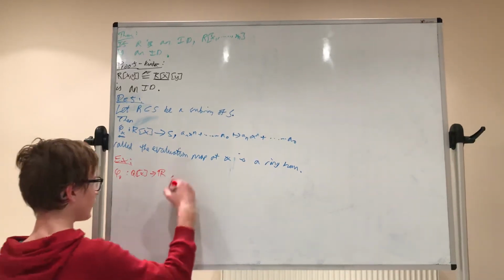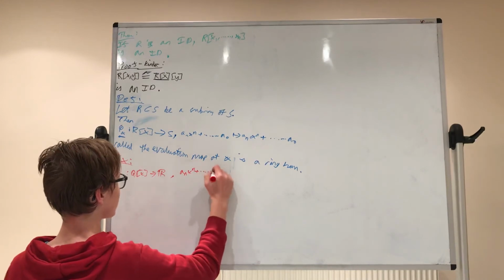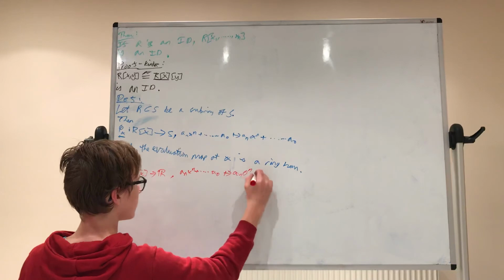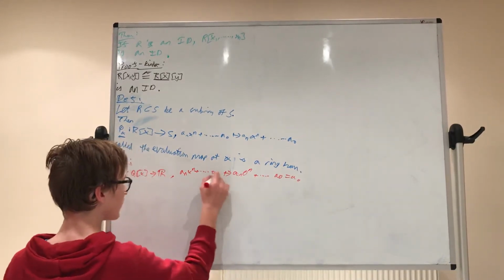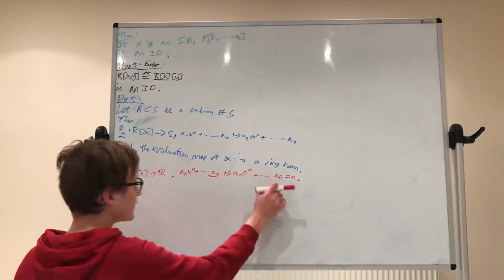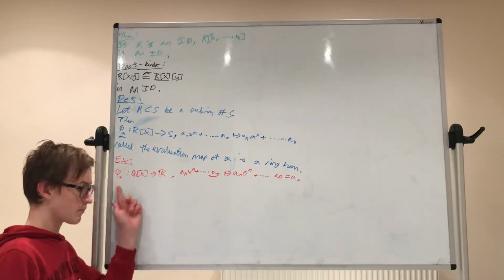It's just going to send a_n x^n plus ... plus a_0 to a_n 0^n plus ... plus a_0, which equals a_0. So it's just going to send any polynomial with coefficients in Q to the real number at the end of it. This is what the evaluation map at 0 does.